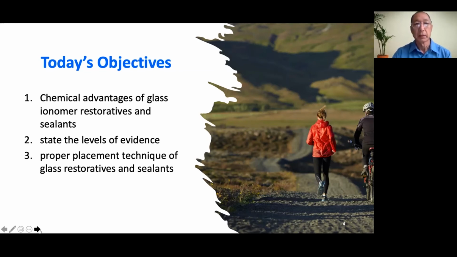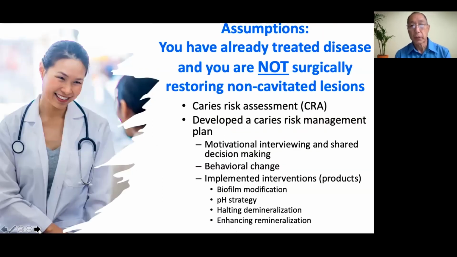Now, one of my pet peeves is treating disease. You've heard of CAMBRA, caries management by risk assessment. So let's assume we've already done a caries risk assessment. We developed a caries risk management plan using motivational interviewing and shared decision-making with your patients.